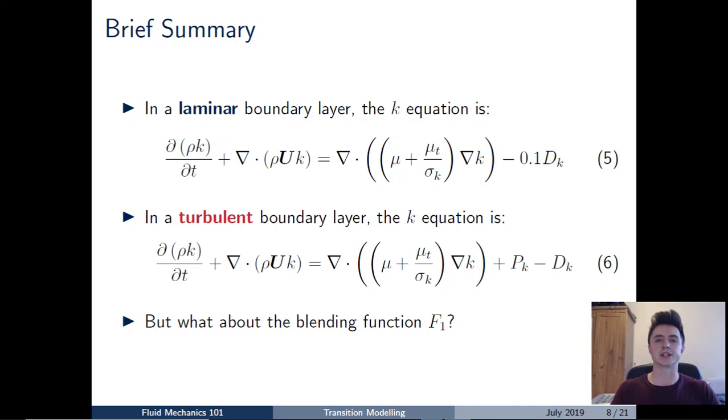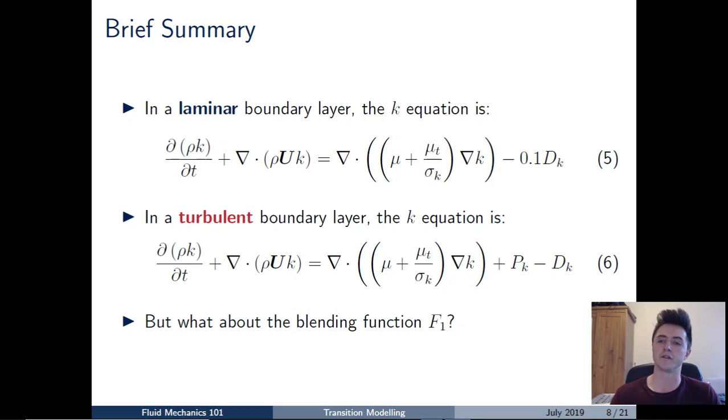So just a brief summary, and to help you think about what exactly is happening here, if we consider our computational domain that's full of cells, where the flow is locally laminar, we have the laminar boundary layer, then the turbulent kinetic energy equation we're solving is actually the form given there in equation 5. So we've got the standard transport terms on the left side, we've got the temporal derivative, the convection term, and on the right hand side we've got the diffusion term.